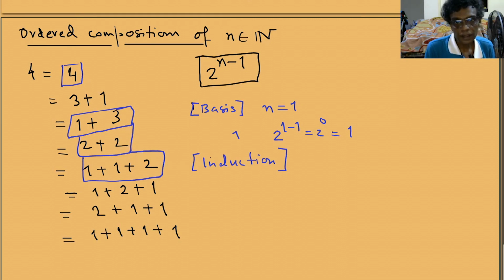So I assume that n has 2 power n minus 1 ordered compositions.